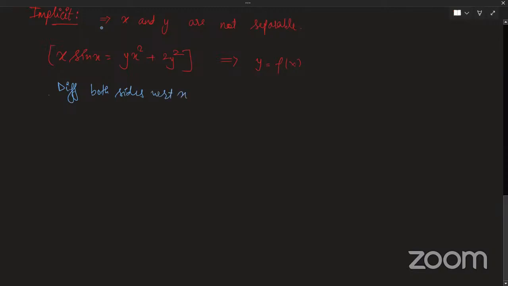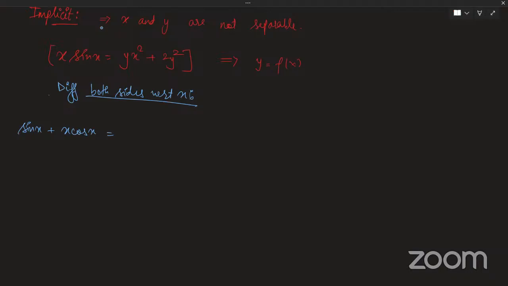Differentiate with respect to x on both sides. You can do it on the left side, right? Now tell me, how will you differentiate this thing? How will you differentiate y into x square with respect to x?